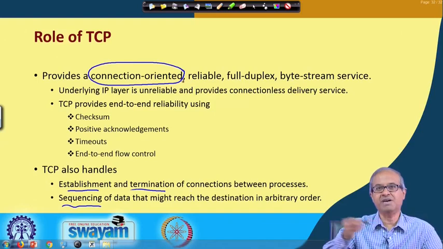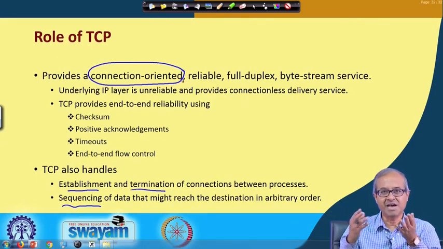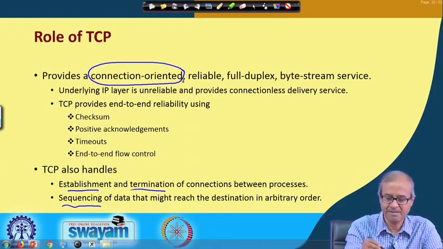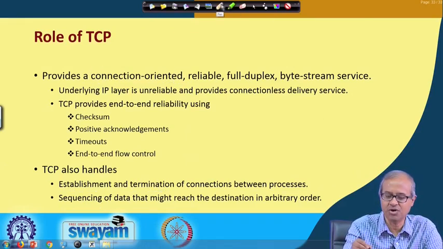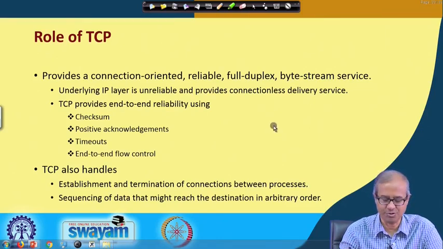There is a virtual connection which is maintained and the user process gets a feeling that there is a connection and all data are coming through that connection in the same order. Okay. But actually TCP has to work quite hard in order to have all these features incorporated.